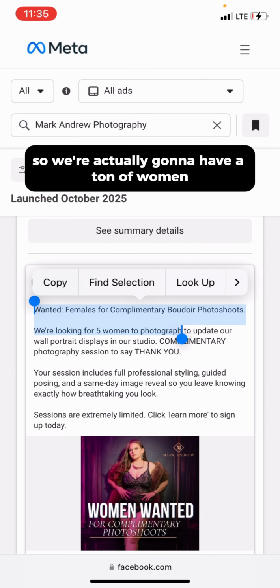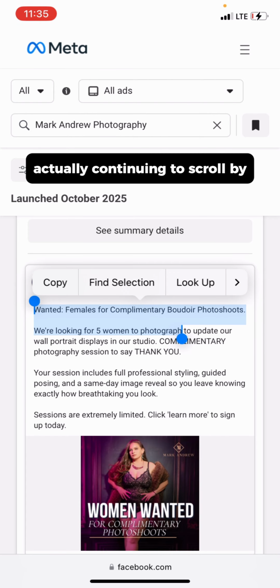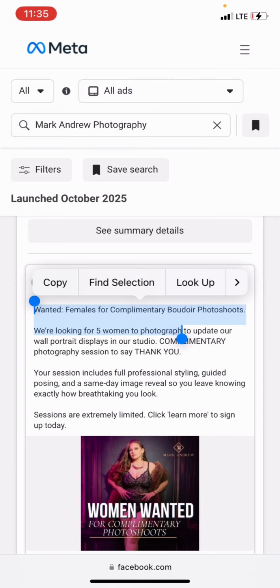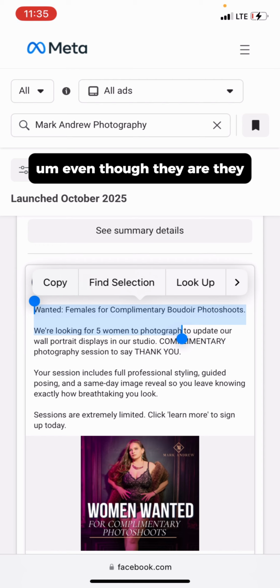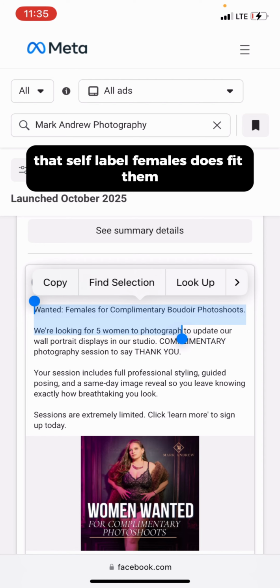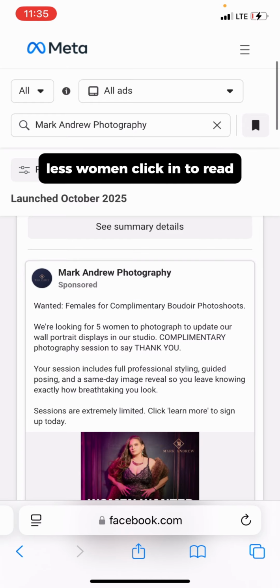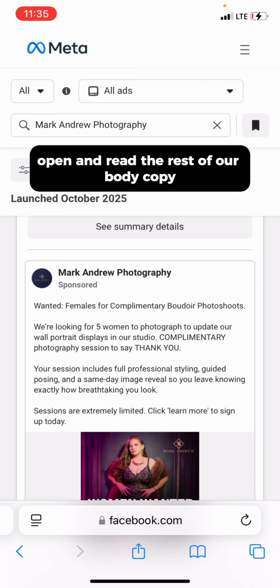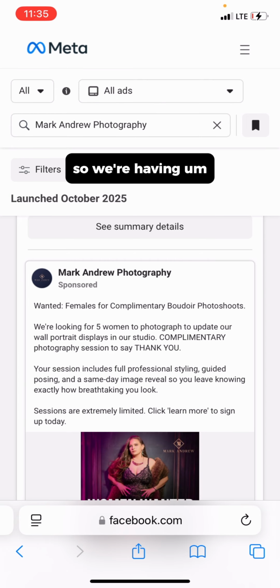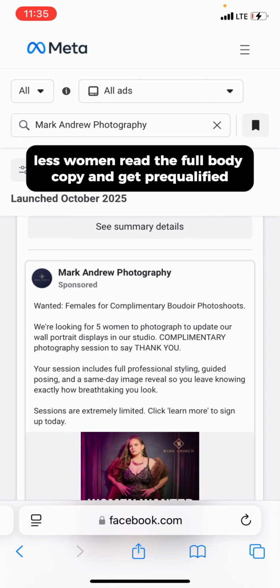So we're actually going to have a ton of women continuing to scroll by, even though that self-label females does fit them. So we're having less women come back up to read it, less women click in to open and read the rest of our body copy. So we're having less women read the full body copy and get pre-qualified.